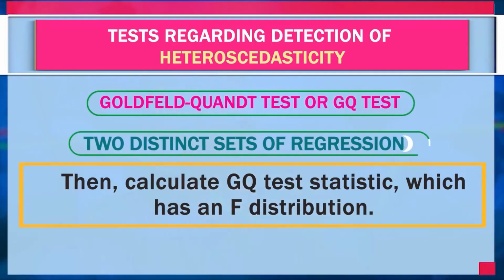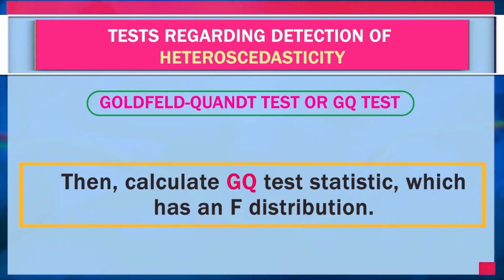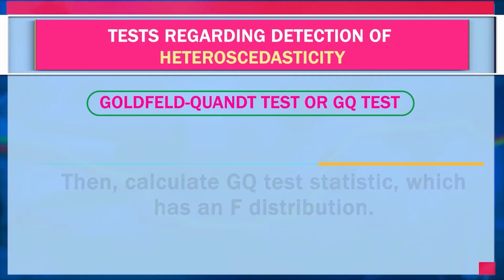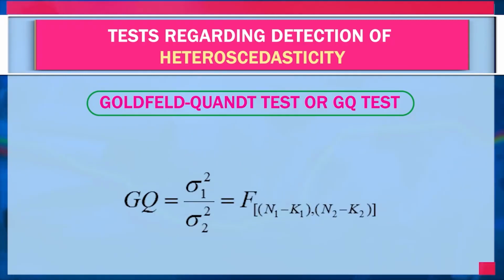Separate regressions were run and thereby we compare their variances, which means taking the ratio of the variances of the 2 distinct regressions. We refer to this as GQ, the Goldfeld-Quandt test statistic, which has an F distribution because it is a ratio of chi-square distributions. For the F distribution, we have 2 different degrees of freedom: N1 minus K1, where N1 stands for the number of observations and K1 for the number of parameters to be estimated.